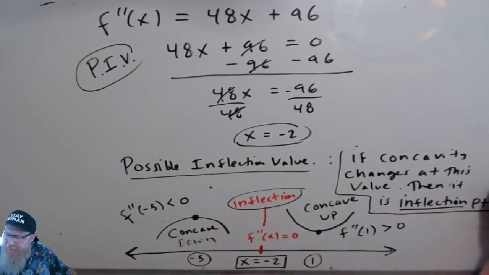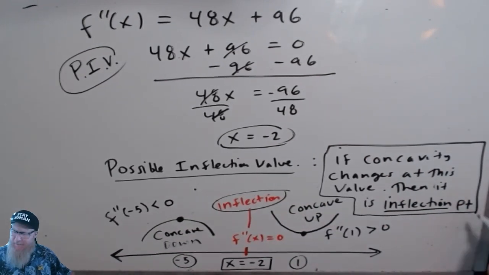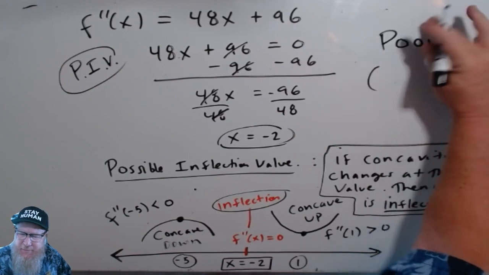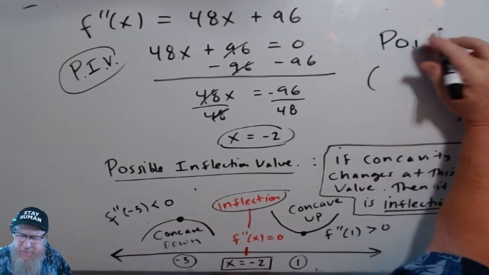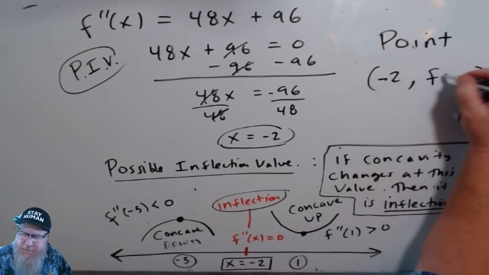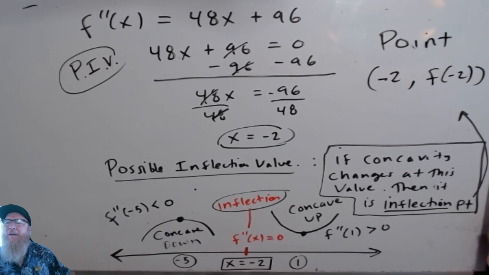We call it an inflection point, but it's actually only half of the point. To get the whole point, you would have to plug in that value to figure out what the y value is.